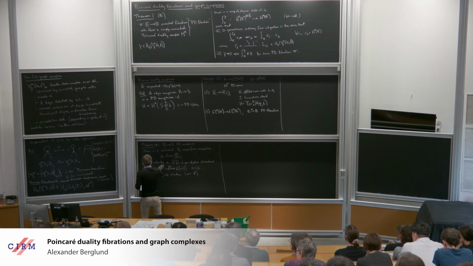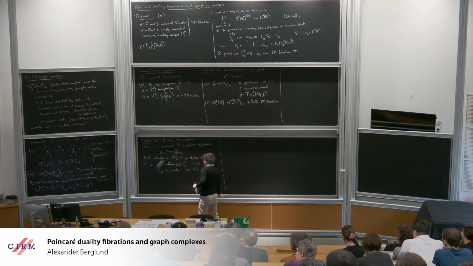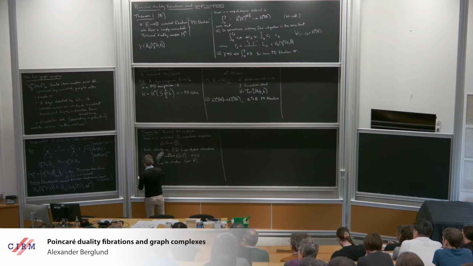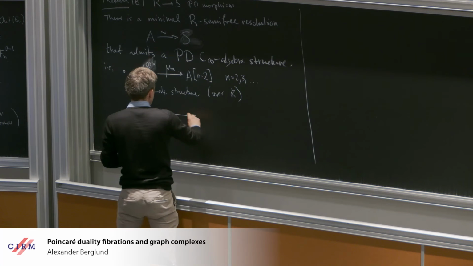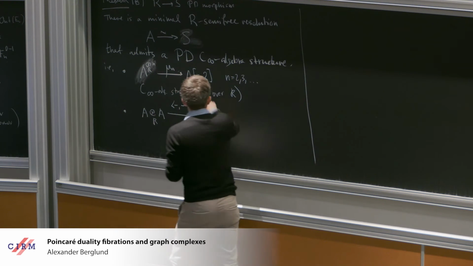So that's the first part of the structure you have, and then you also have a non-degenerate R linear pairing. And this is the degree shift.